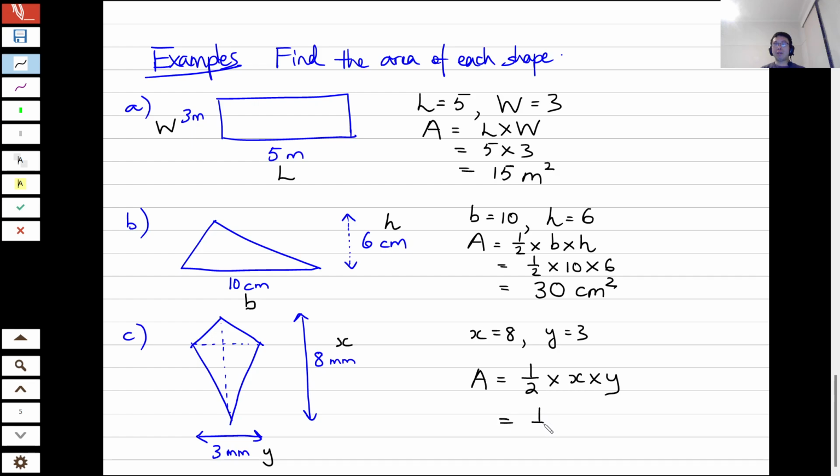This gives me half times 8 times 3. Half of 8 is 4, and if I multiply 4 by 3, I get 12. The units I was given was millimeters. So now my area is going to be 12 square millimeters.